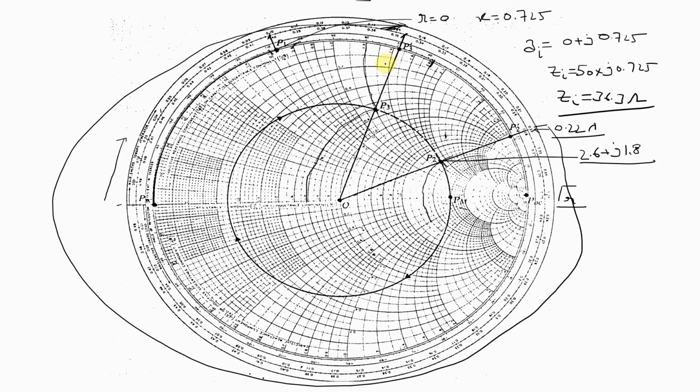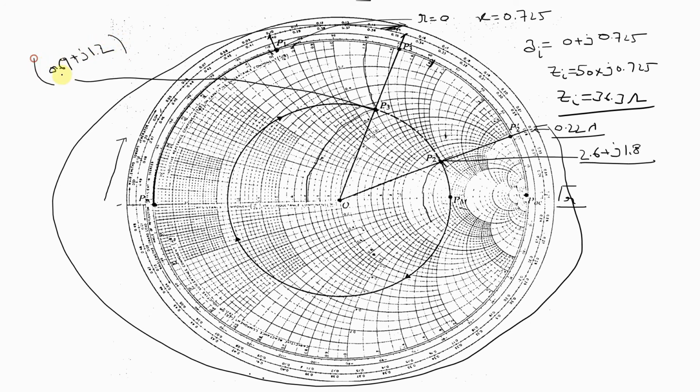So here at the intersection, this point, the value of r is, no, this is not 0.6, this is 0.69 actually, and the value of x is 1.2, so 0.69 plus J 1.2.